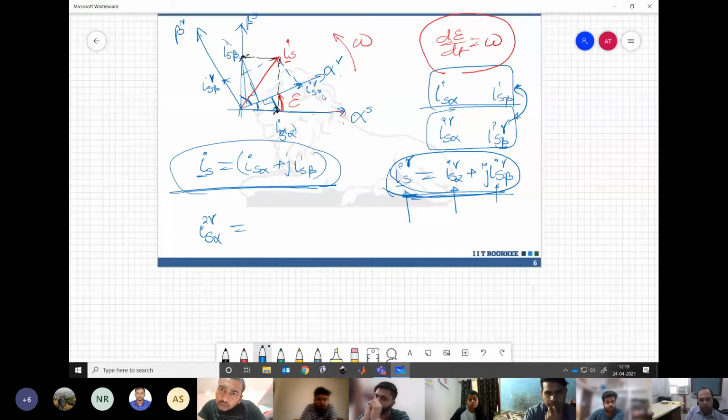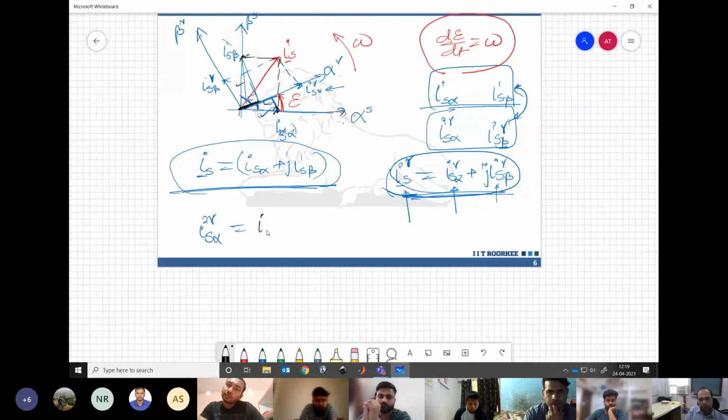This projection is because of Is alpha, and this small projection up to this point is because of Is beta. So it is a basic simple right angle triangle, with this angle epsilon over here. How do we write the base?